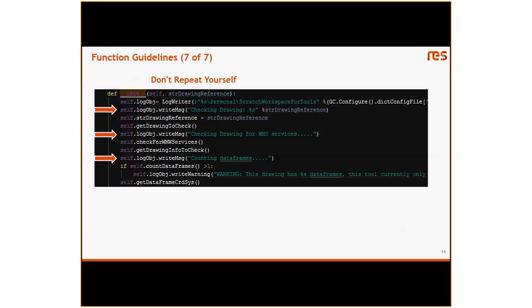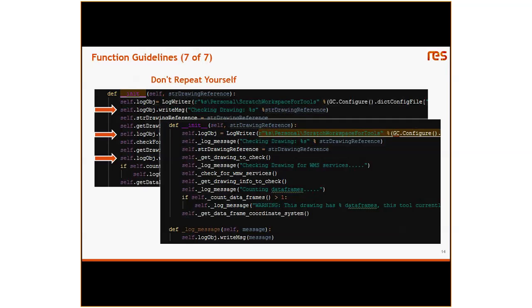A simpler way is to refactor that duplicated code out into a separate function, log message. In the initial refactoring, that would just make a call to the log obj write message, but we might find that we wanted to include, for example, a timestamp, and you could easily change that in one place in log message to concatenate a timestamp onto the start of this.